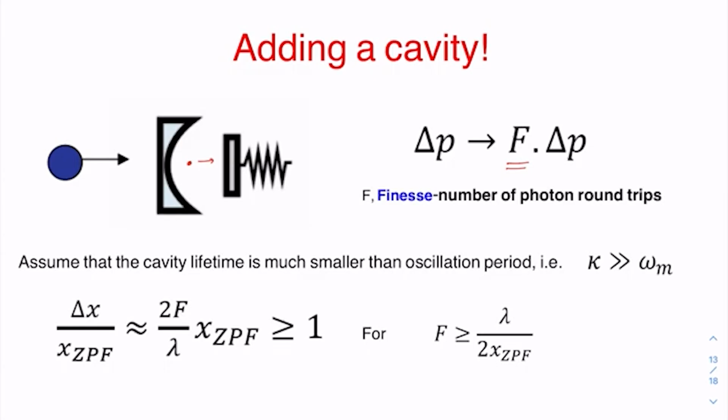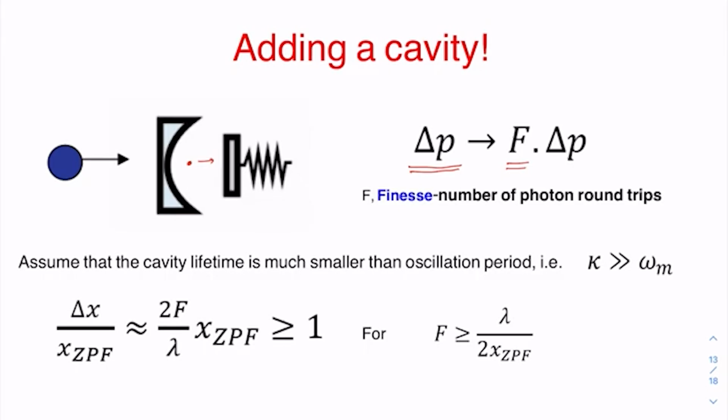So what happens is that the addition of another mirror basically increases the change in momentum delta p to F times delta p, where F is, as I said, the finesse of the cavity. Now the finesse also depends on the cavity decay time.